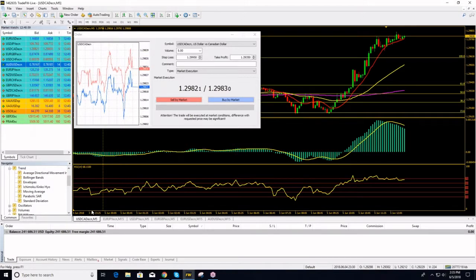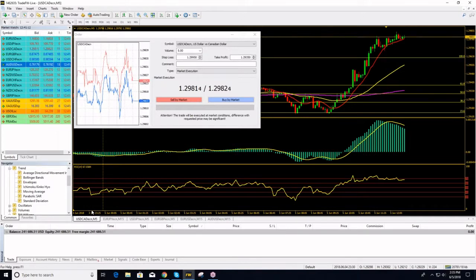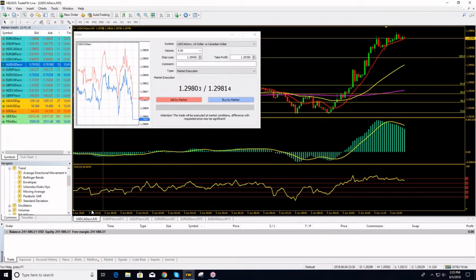We are still waiting to see a close below MA10. Now you see why it's very important to have a checklist in place, and why it's very important to have all the boxes of your checklist ticked. Otherwise, you will hit stop losses, you will keep losing money, and you will wonder why.